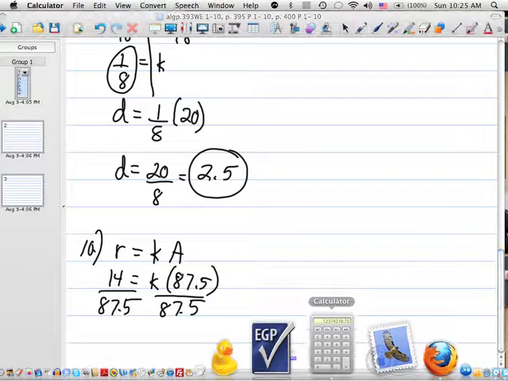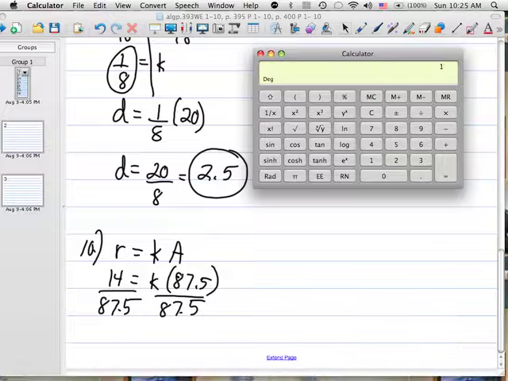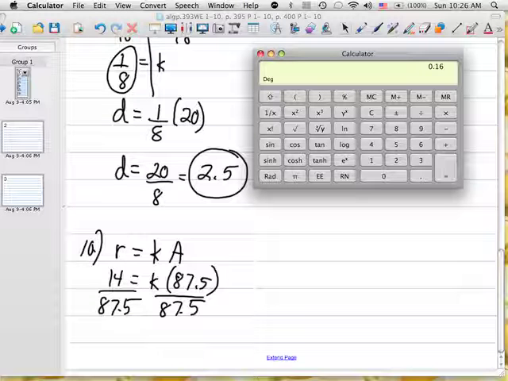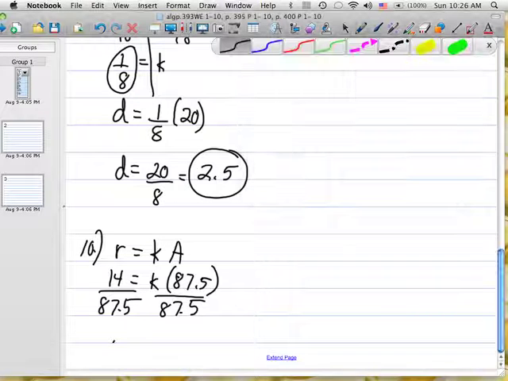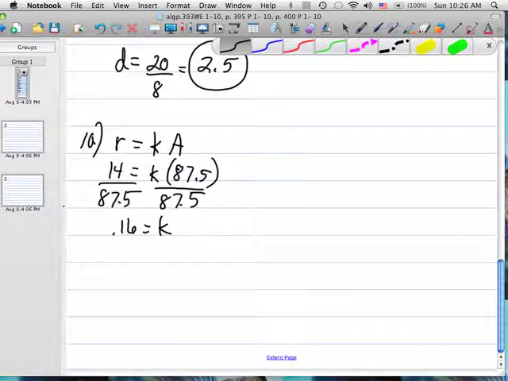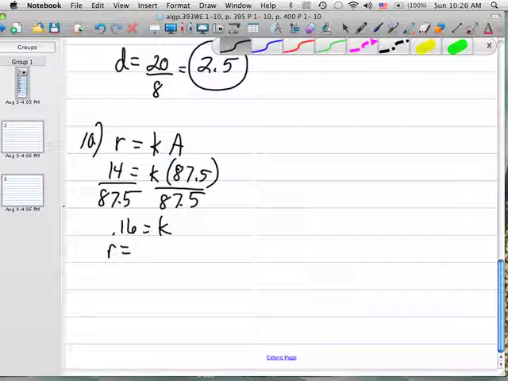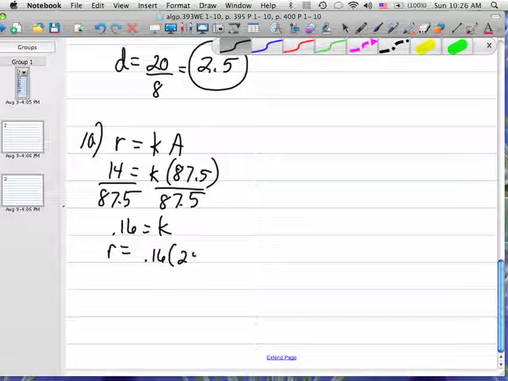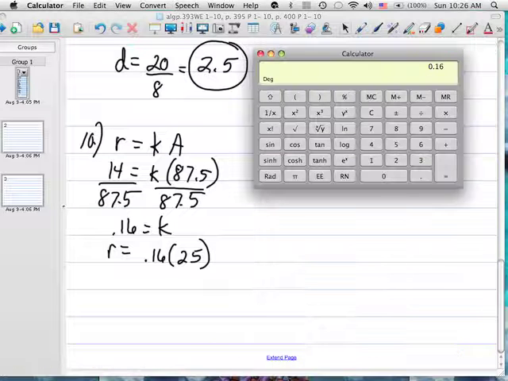And if we use our calculator, 14 divided by 87.5 equals 0.16. And then they want us to find R when A is 25. So we put in 0.16 for K, and for A we put in 25, and then multiply those together. So 0.16 times 25 is 4.